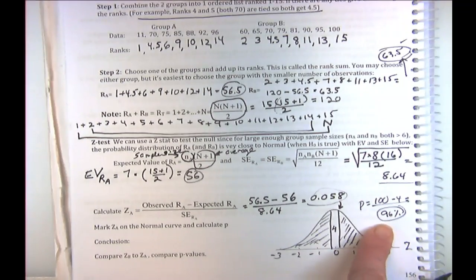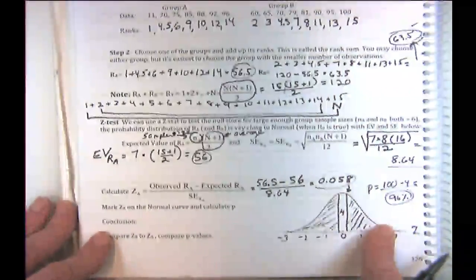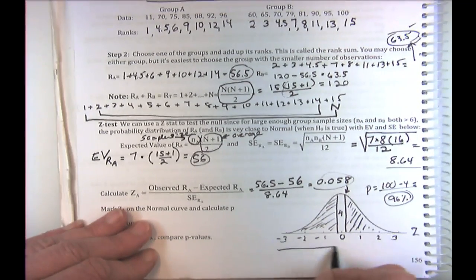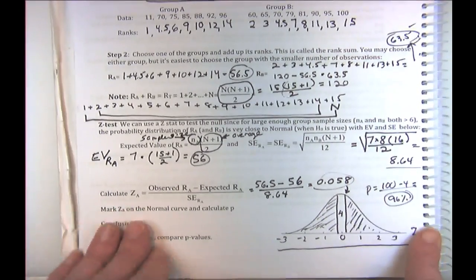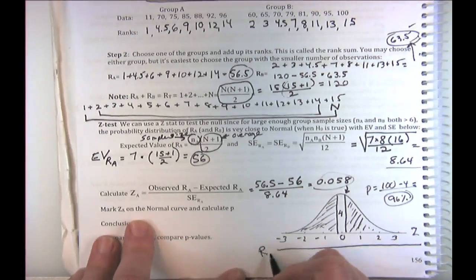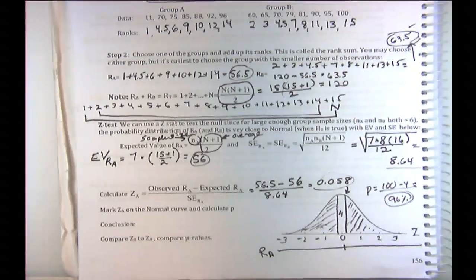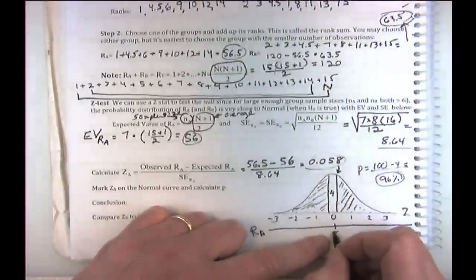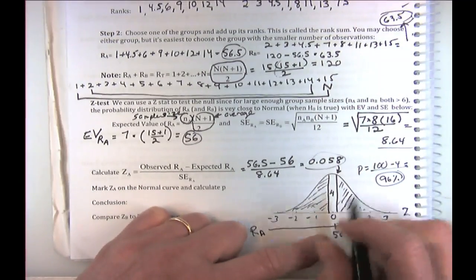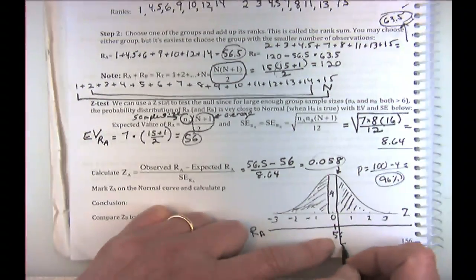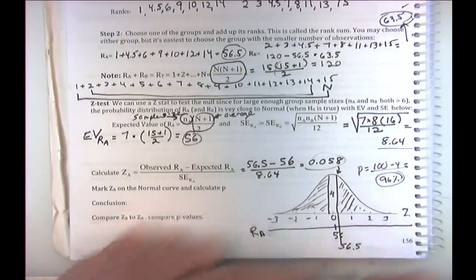I want as big a p-value as possible. That's great. And by the way, this is z, but if I put it on the axis of the rank sum for group A, right in the middle is not 0. Right in the middle is my expected value of 56. And this right here is what I observed, 56.5.